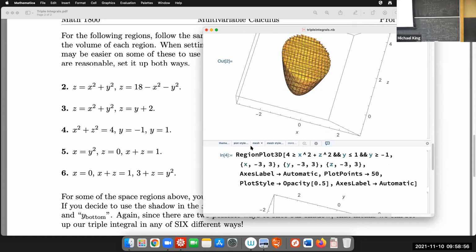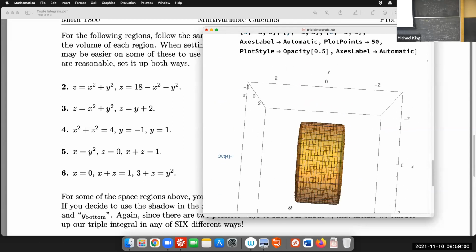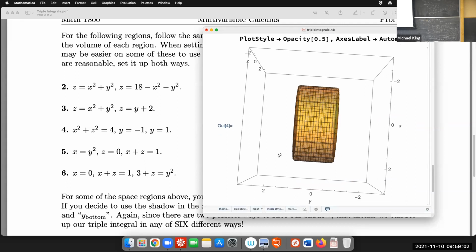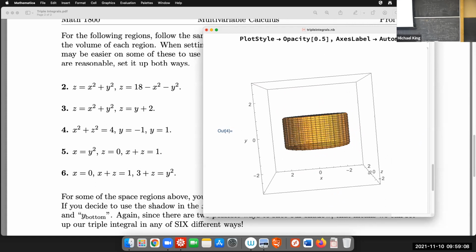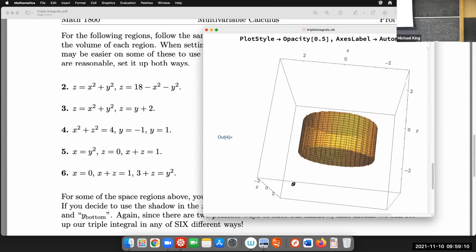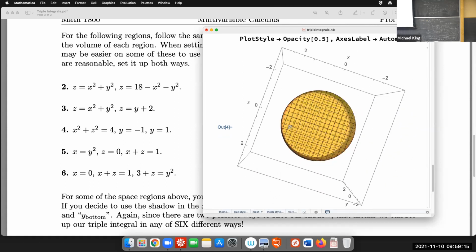Okay, but then the other ones, like for number 4, you can sort of project any way. If we project XY, you get this rectangle. I'm trying to make XY. Yeah, you get this rectangular shadow. But if you project YZ, you get this nice circle. I mean, that makes sense also, right? You could project onto the YZ plane.